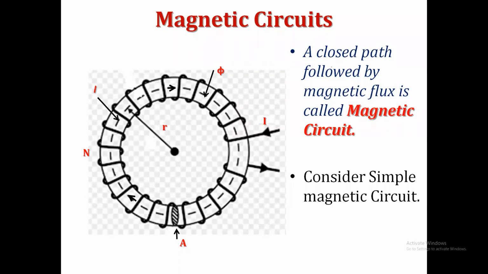The number of turns of the coil on that iron ring is N. The expected path for the flow of magnetic flux is within the iron ring or inside the solenoid coil, and the flux phi will flow in a clockwise direction due to the current direction. This is the simple magnetic circuit we consider here.